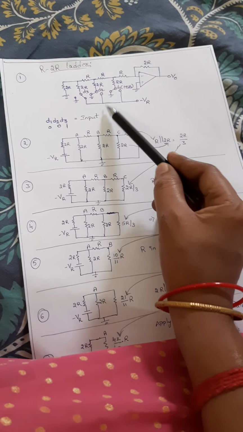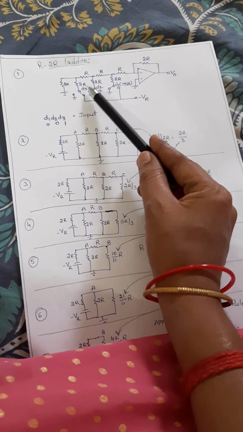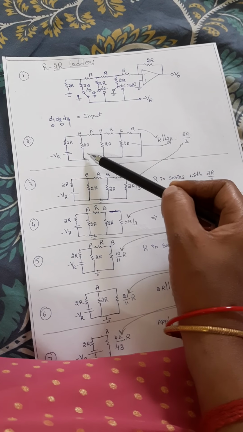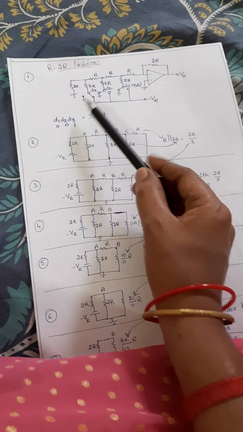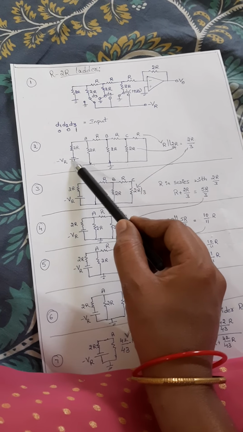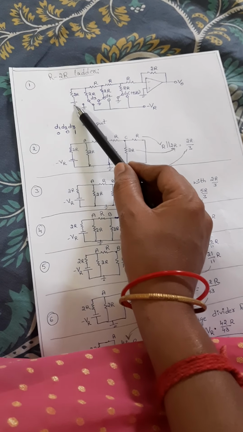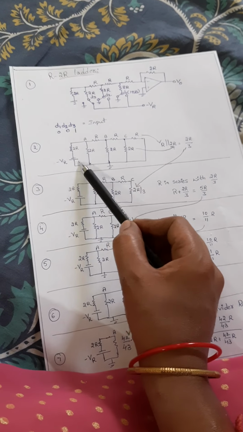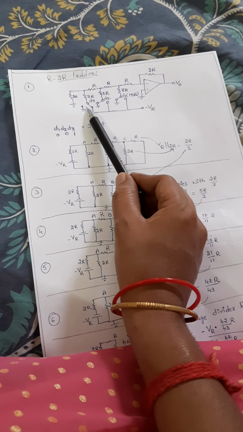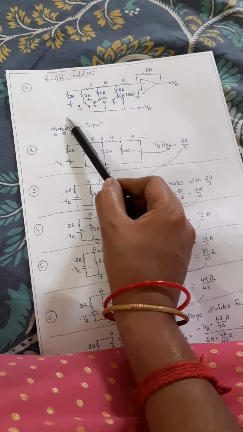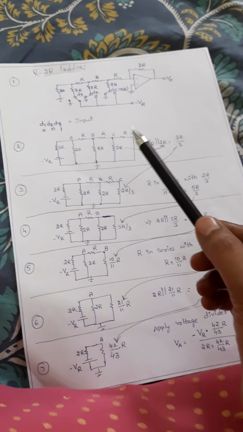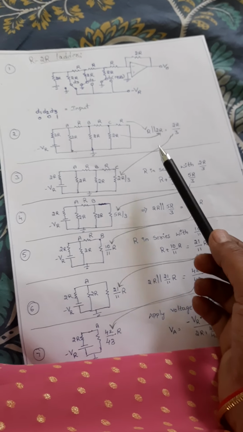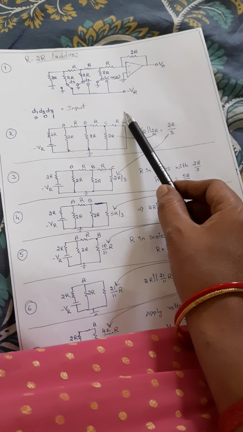R, 2R connected to ground. R should be connected to minus V reference. And here 2R. But how I wrote minus VR here means this connection will go here, right? So that's why here it is connected. Both are 2R resistance, and here we are giving minus VR, so I can connect it here. Simple logic we should think. Now solve these equations.